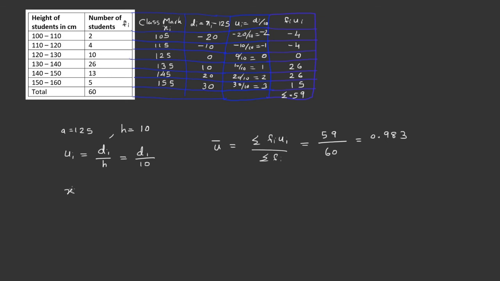We know the relation x bar is equal to a plus h u bar. Therefore, x bar is equal to a, we know a is 125, plus h is 10 into 0.983. That is equal to 125 plus 9.83. That is again 134.83 centimeter.